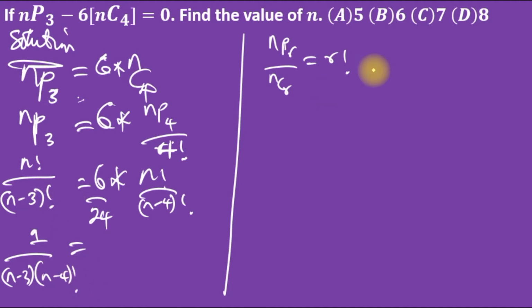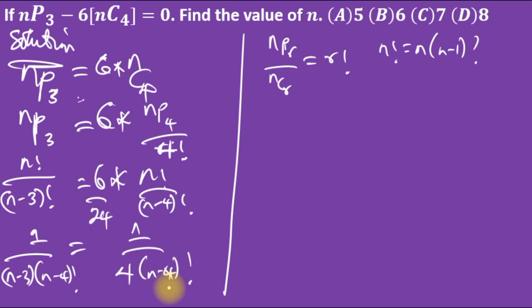Remember that n factorial is the same thing as n times n minus 1 factorial, so that's what I used here. This is now 1 over n minus 3 times n minus 4 factorial equals 1 over 4 times n minus 4 factorial, since 6 over 24 is 1 over 4. So the n minus 4 factorial cancels out.